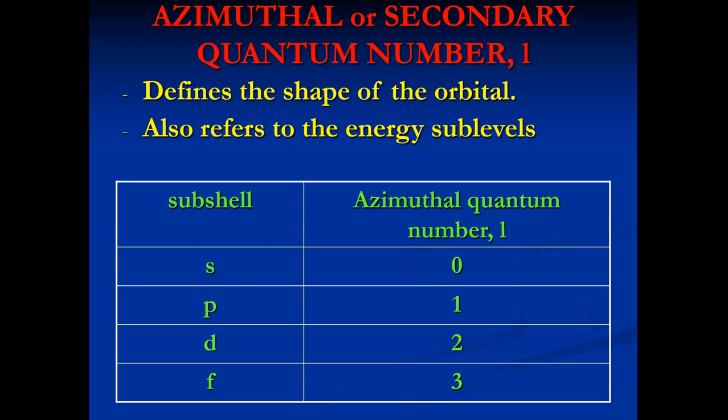And your azimuthal quantum number L is equal to 1, because whenever you have L equals to 1, it means that you have p orbital. So the 10th electron is also at the p orbital.